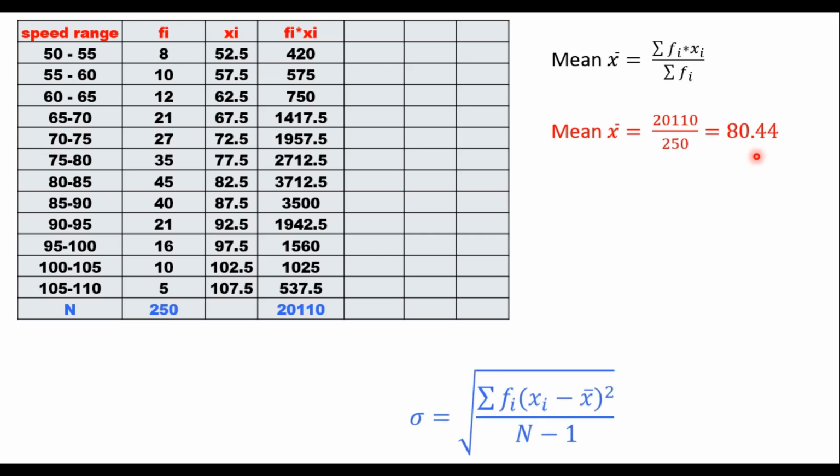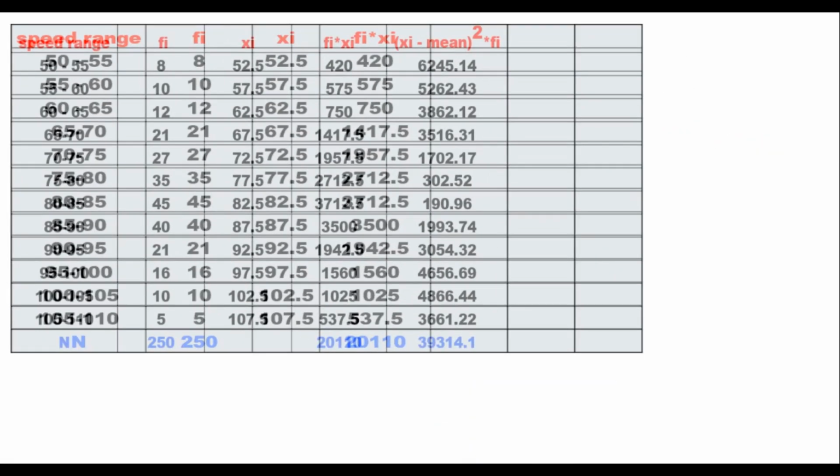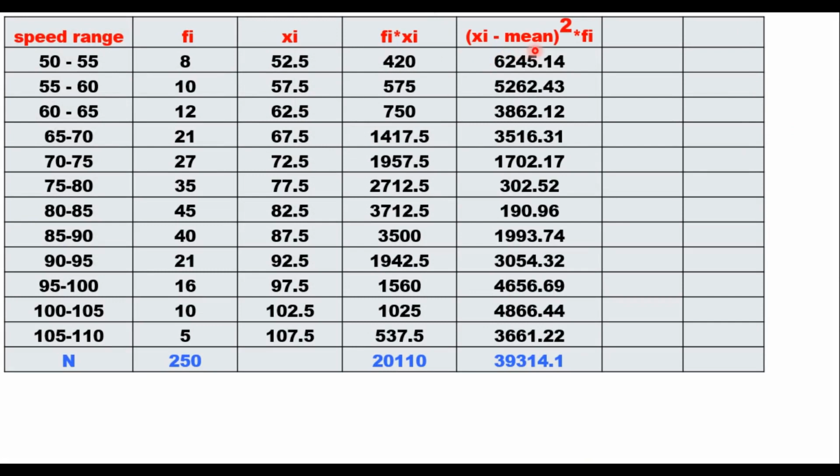Next is how to calculate the standard deviation. As I told you, standard deviation is given by this equation. Now you know x bar, that is your mean value. Xi is the individual value here, and n, I told you, is 250. So you add one more column here and calculate this parameter, that is xi minus mean, square, into fi. So xi 52.5 minus mean 80.44 whole square into fi 8, this is 6245.14.